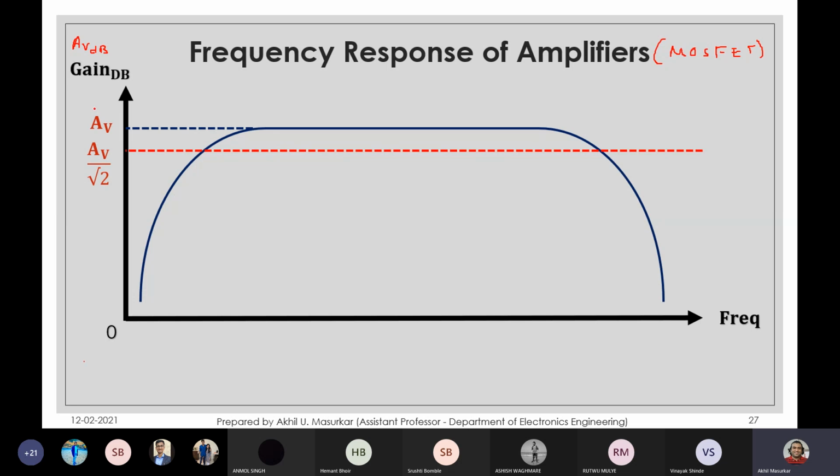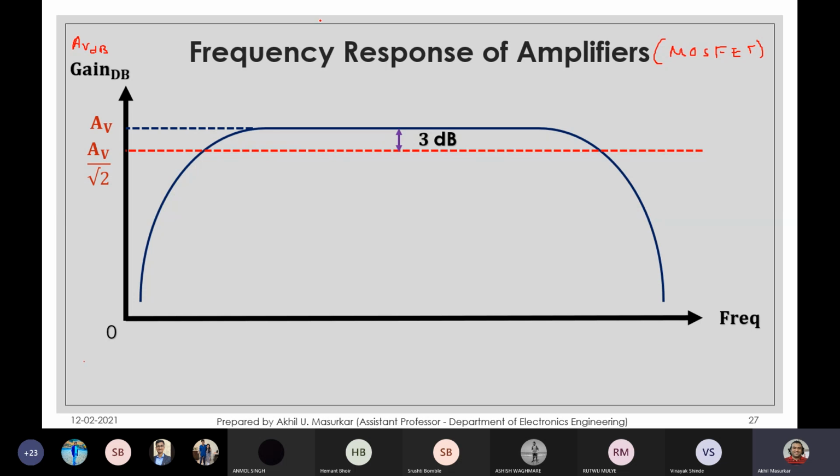AV is the maximum gain and AV by root 2 is just 1 by root 2 times AV. So this line is just 3 dBs below the maximum gain.